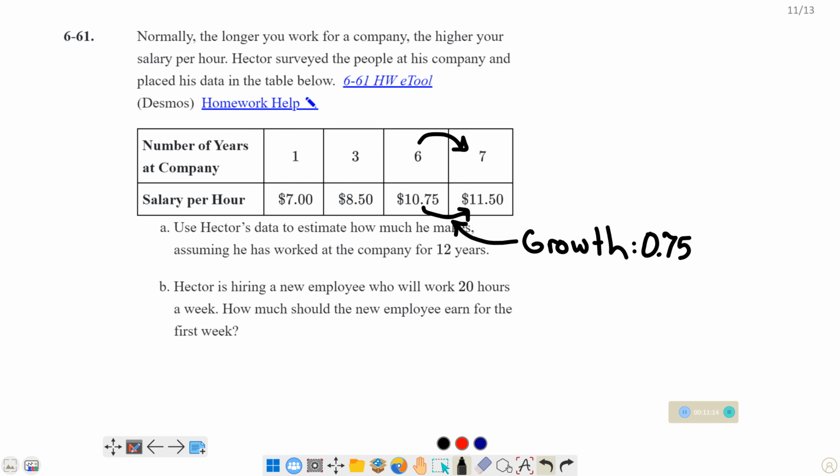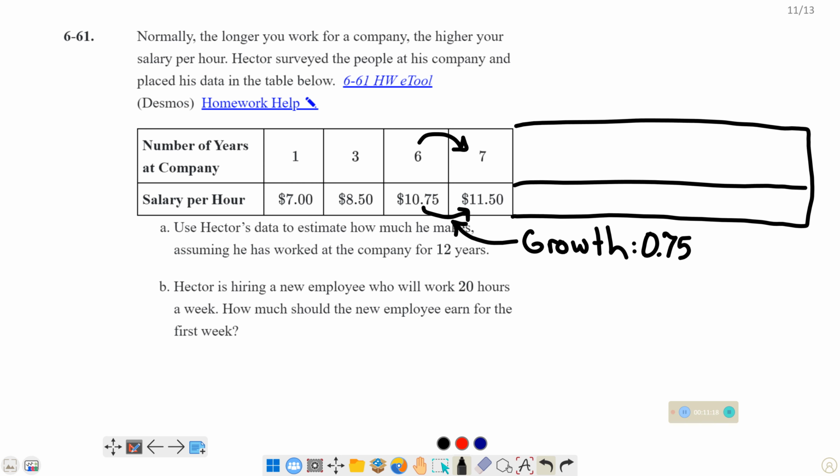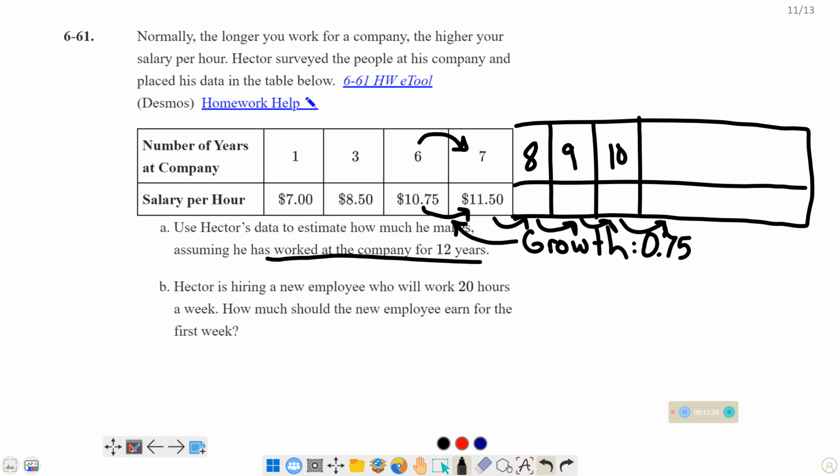Now, if you are better at tables, you need to make the rest of this table. And you need to go ahead and count it out. 8, 9, 10, 11, 12. And then you need to grow your table by 75 cents. That's going to tell you how long Hector has used this data to estimate how much he will make after 12 years.